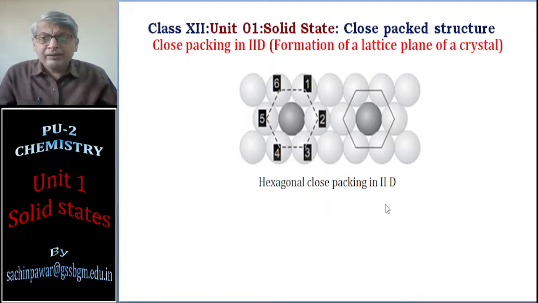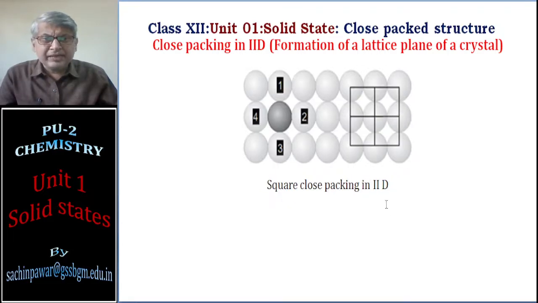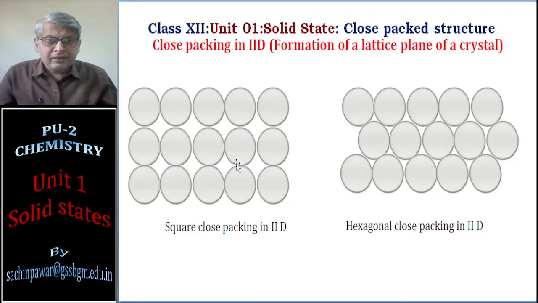If you compare hexagonal close packing and square close packing, you see in square close packing the gap between the particles is more, whereas in hexagonal close packing the gap between the particles is less.